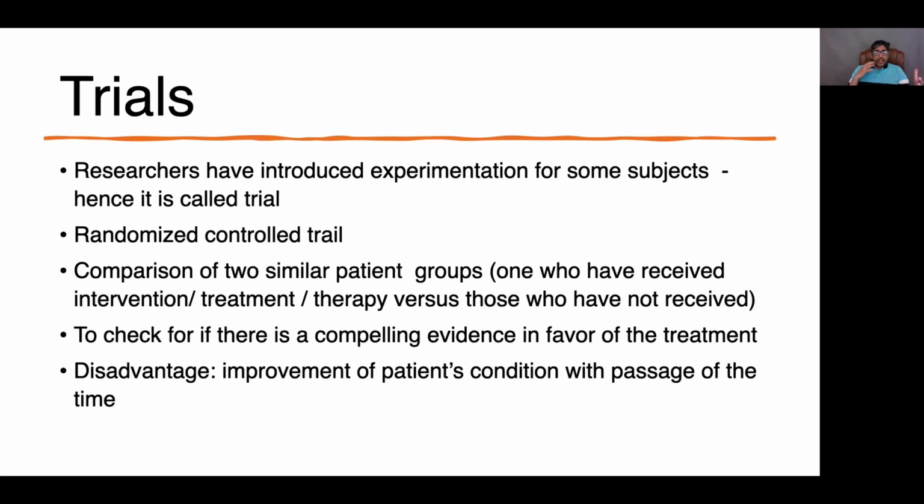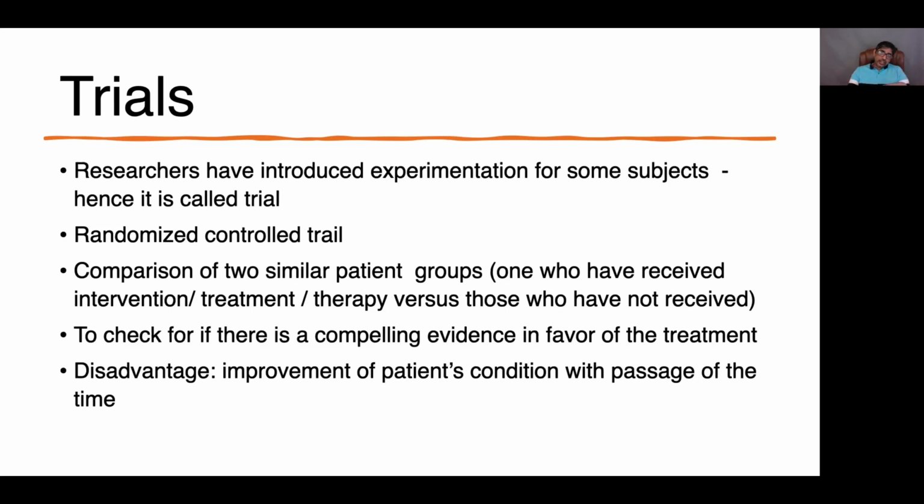If you don't randomize, it becomes a non-randomized trial. Here you're comparing two groups of subjects, one who has received intervention and one who hasn't. This is to check if there is any compelling evidence favoring the treatment. The disadvantage is that the patient's condition can improve naturally. So that is the disadvantage of the trials.